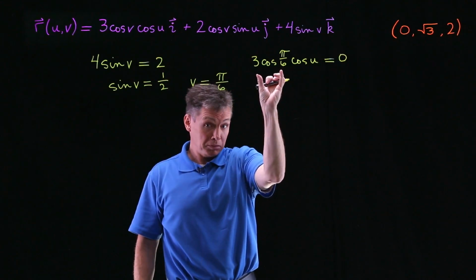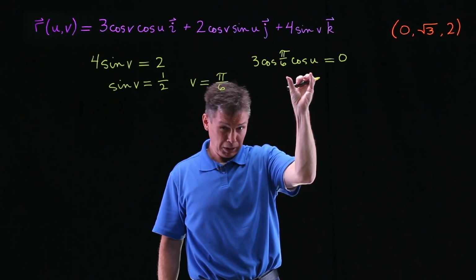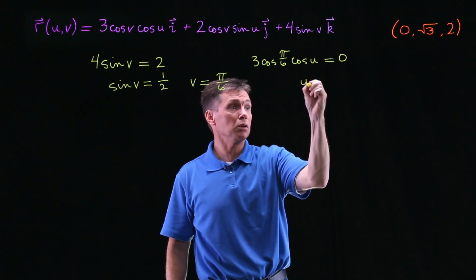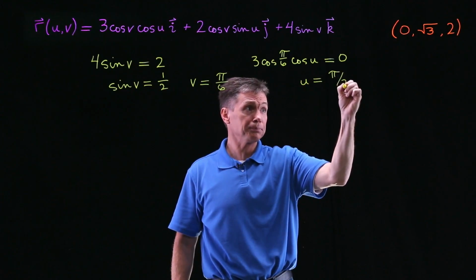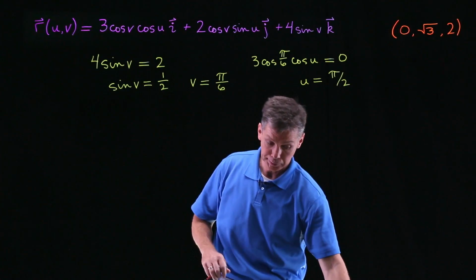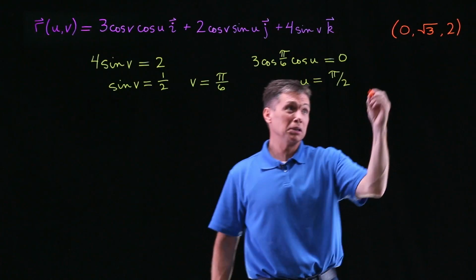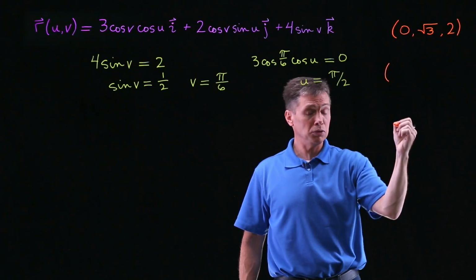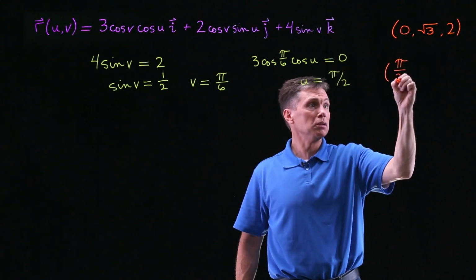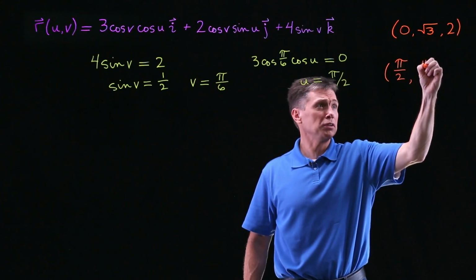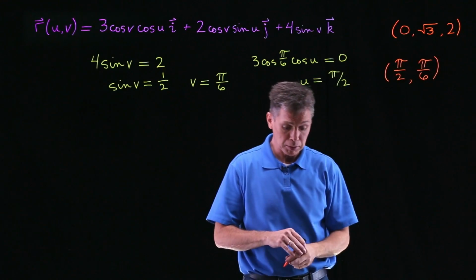Well, I know cosine of pi over 6 doesn't equal 0, so this cosine of u must be what's getting us to 0. So where does cosine equal 0? That's going to be pi over 2. A little bit of work, got to do it. That gets you this point in terms of u comma v. So my u is pi over 2, and my v was pi over 6. I will definitely be using those coordinates for my parameters.